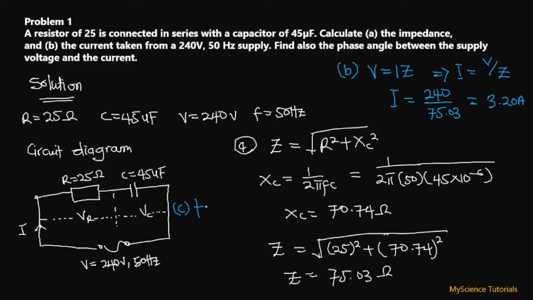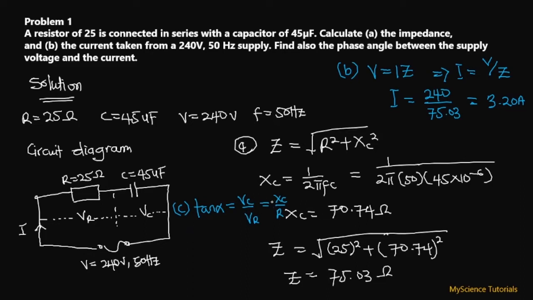So we said that tan of the phase angle is equal to VC over VR, or it's also equal to XC over R. Now, we've not been given VC or VR. Even though we can find them, let's not do that.